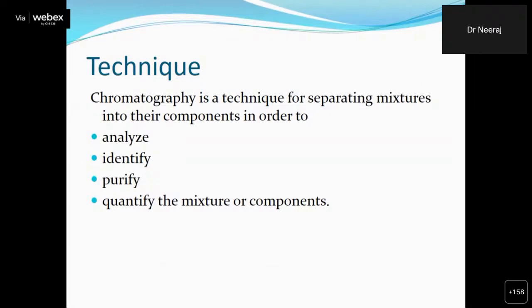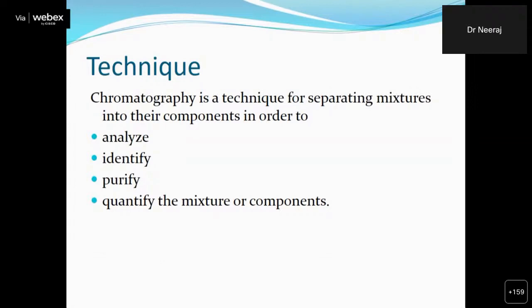You can read a number of pages if you want, but as far as the medical field or R&D, research and development, is concerned, I will briefly introduce this topic, and you will easily get the knowledge. Ultimately, after this session you will know what chromatography is and where we can use it.